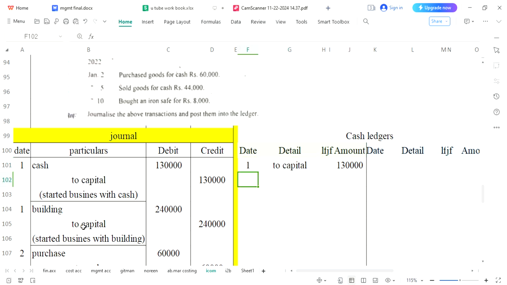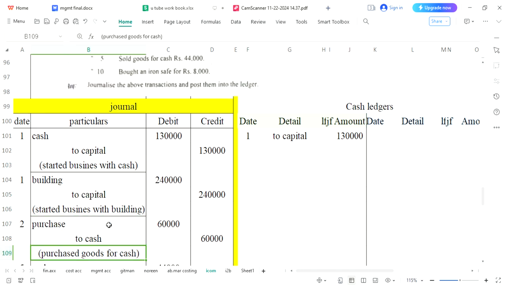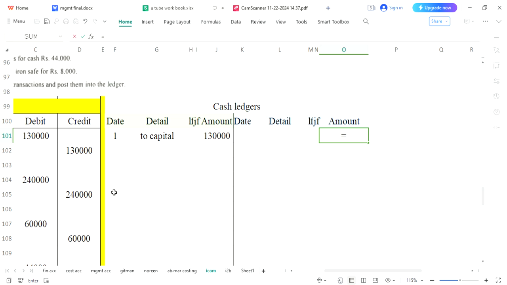Now see second entry, cash is not present, leave it. Next, cash is present. Yes, cash is present on credit side. I have told you the rule. If cash is present on debit, write down on debit side. If cash is present on credit side, here you will choose the credit side. Now your amount in credit side is 60,000.